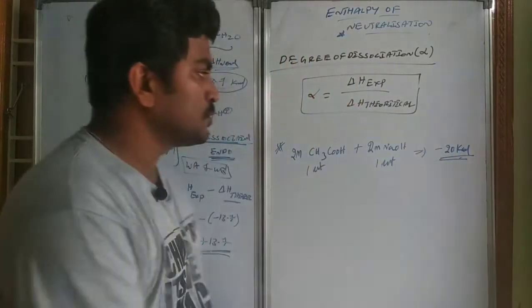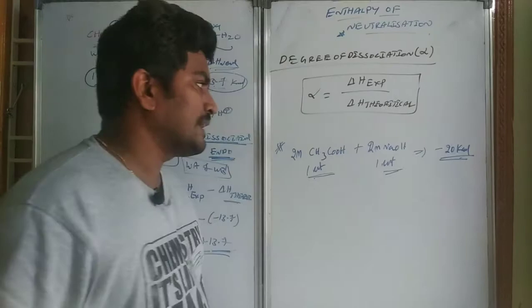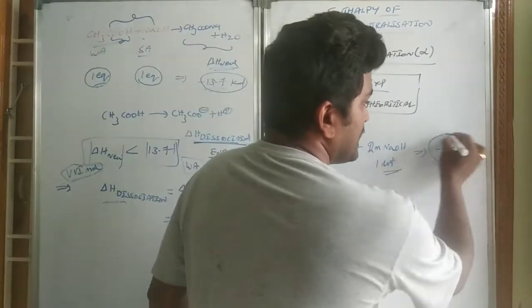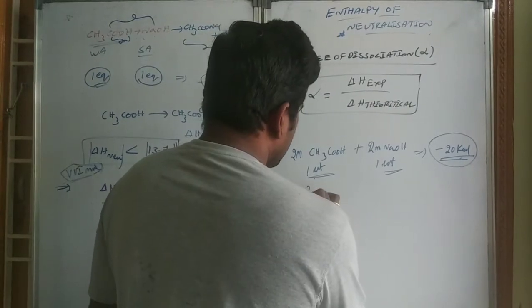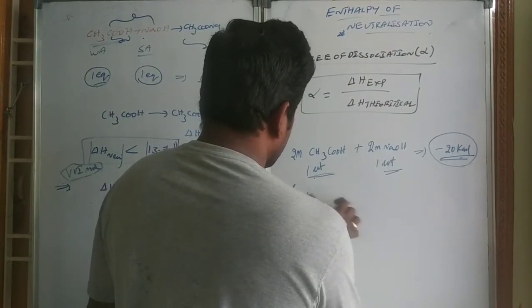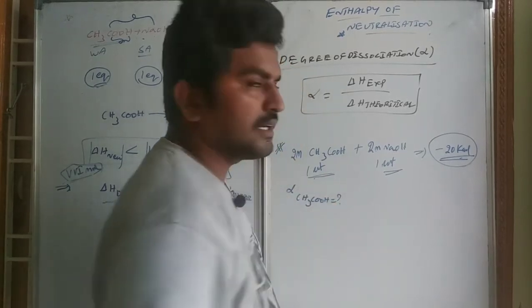When 2 molar acetic acid of 1 liter reacted with 2 molar NaOH of 1 liter, the heat liberated was minus 20. What is the alpha value for acetic acid?